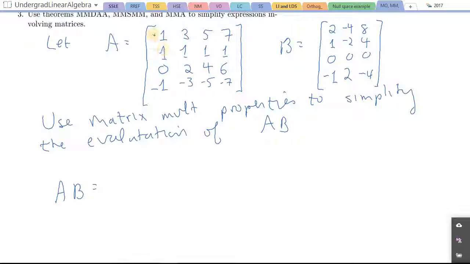Because A is 4 by 4, and B is 4 by 3. So the result is going to be 4 by 3. So there are 3 columns.